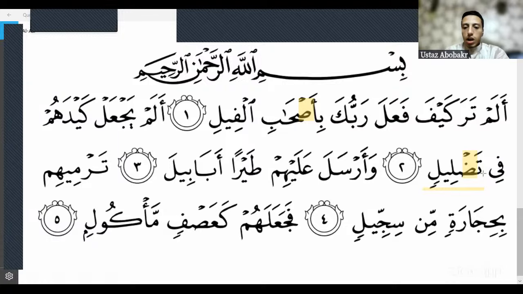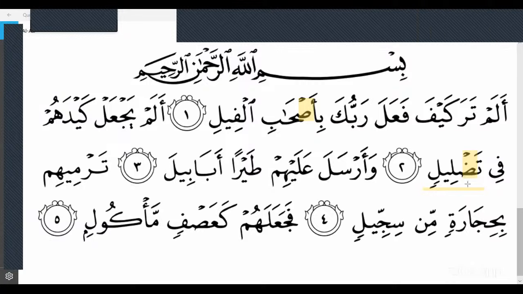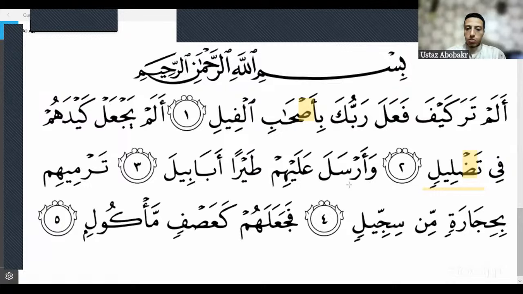We have to make our tongue not touch our two front teeth, to avoid making it sound like Dha. We have Da, we have Dha. Which one do we have here? We have Da. Tadlil. Perfect. MashaAllah. Move on.